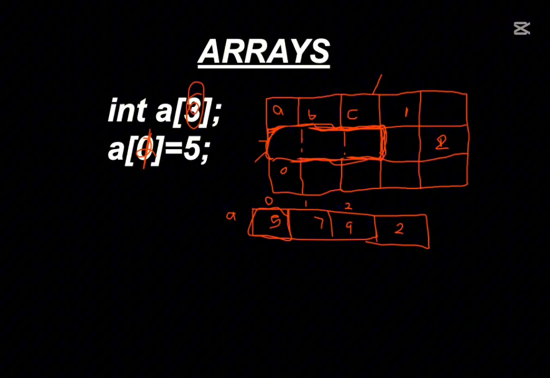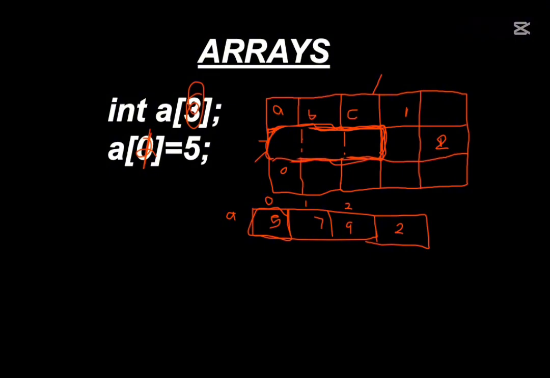If you want to assign value here, here is going to be A, and you have to indicate the index. And if we check the number system, we see that 0, 1, 2, 3. So here is going to be 3. So this is how it works.